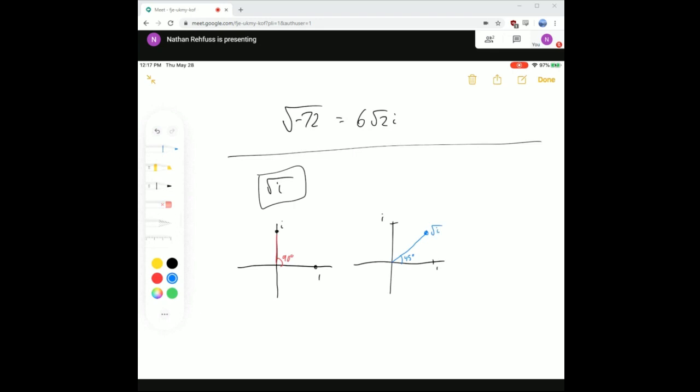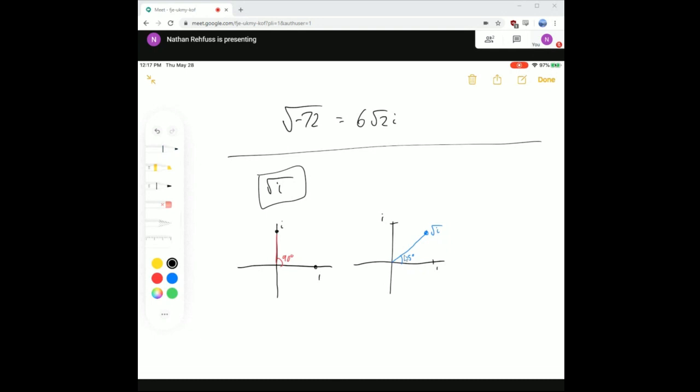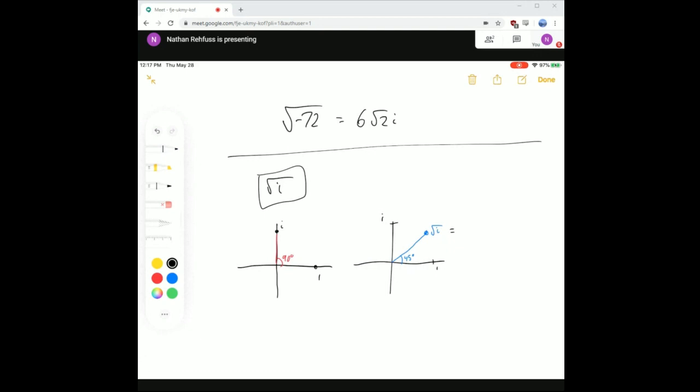It should be 45 degrees up. Now, if you remember from high school something called a 45-45-90 triangle, then that might tell you that we go root 2 over 2 to the right and root 2 over 2 up. So the square root of i should be root 2 over 2 plus root 2 over 2 i.